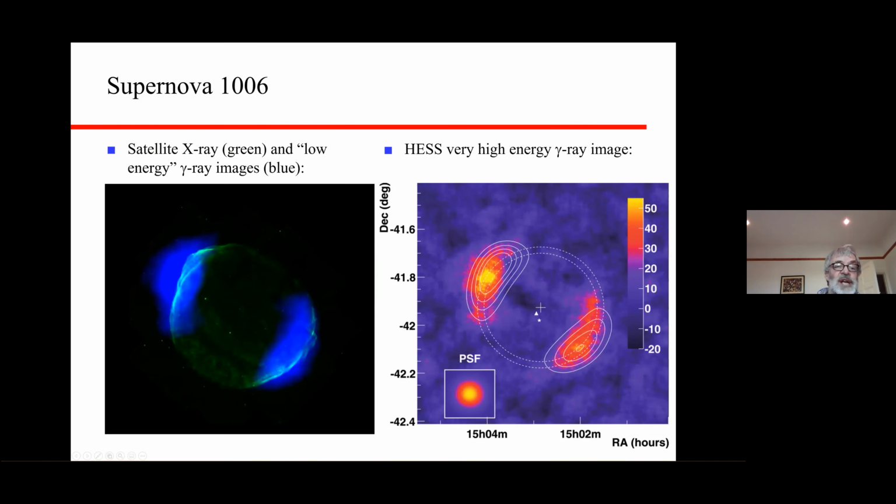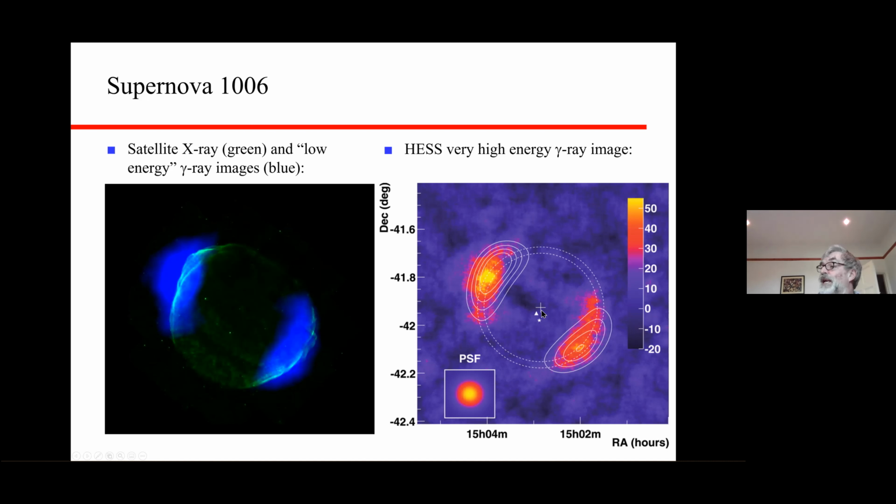If we now look at this in X-rays, we see the green picture that's here. And if you look in low energy gamma rays, you see this blue. If you look at very high energy gamma rays, using the Hess experiment we've just talked about, then you can see the emission from these regions here. What we think is happening here is that this is the axis of the supernova.